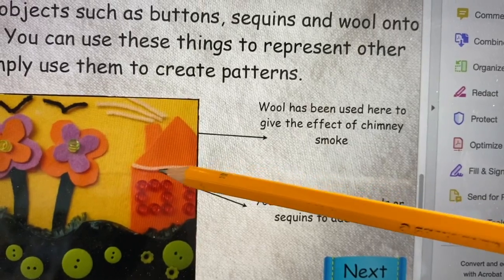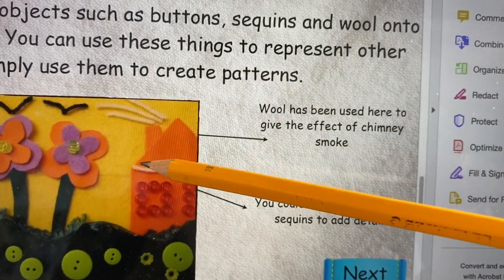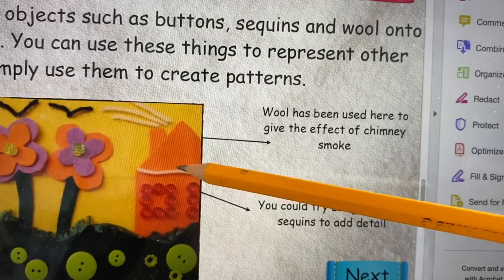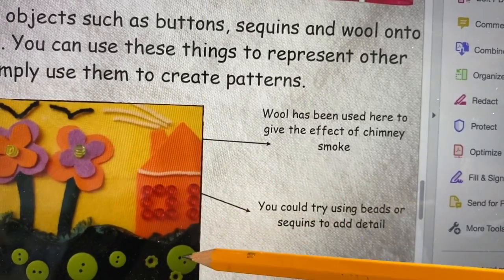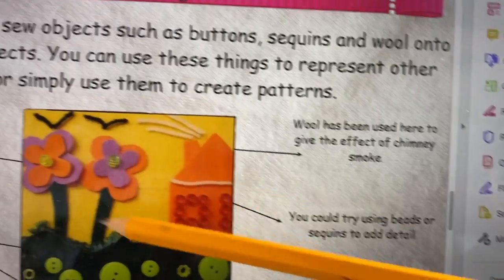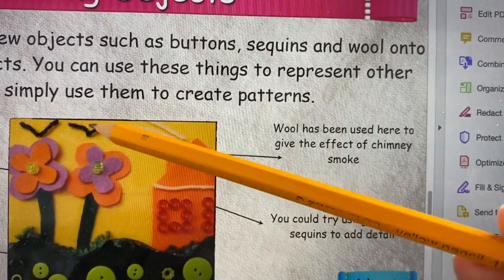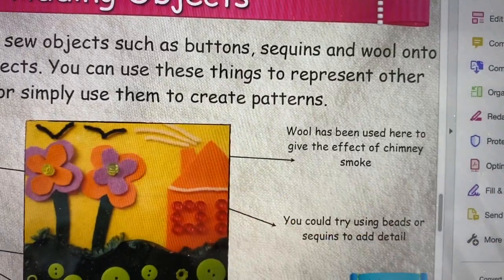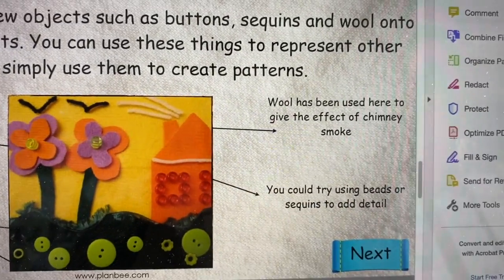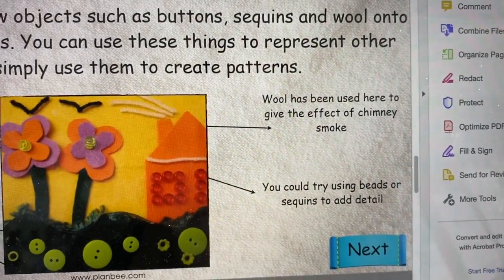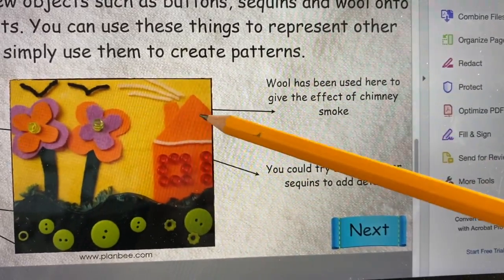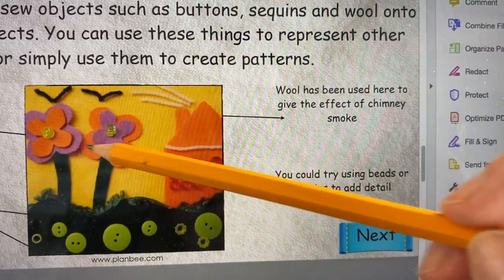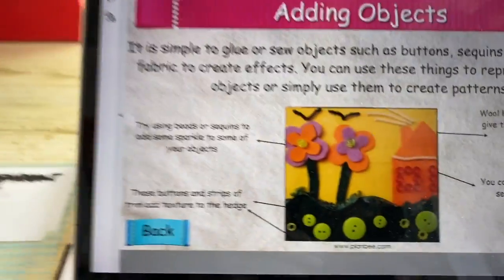Here it has been used. This is felt. Beads. Felt has been used in the background. Wool has been used here as well to create shapes. It's very easy to create shapes with wool. You could try using beads or sequins to add detail. You could even paint onto this, couldn't you? So you use different techniques in one.